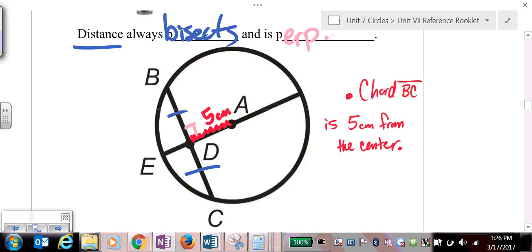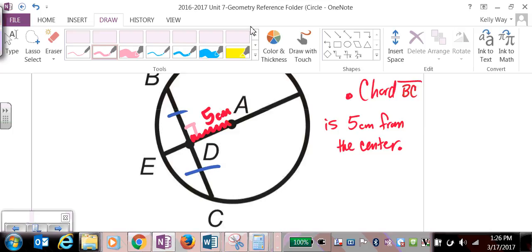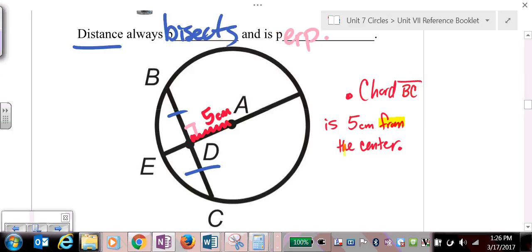How many of you actually marked both? Code: when you see problems that talk about from the center, automatically that means distance. That means there is a right angle there, and it's bisected.